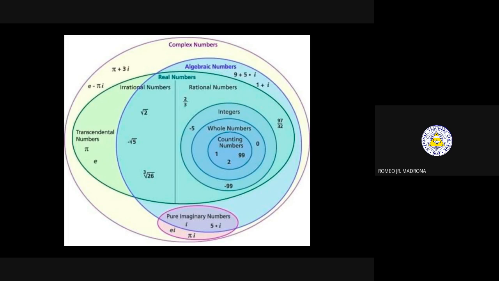Tama naman yan, may kulang lang. Again, kailangan lang dyan na where a is the real number and bi is the imaginary number, where b is the coefficient of a real number and i is the imaginary unit. Ganun yun ha. Nakuha class ha.